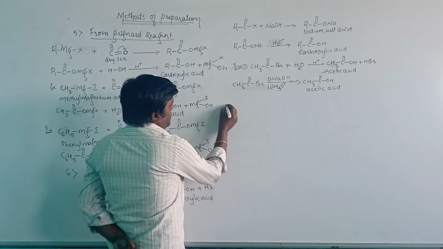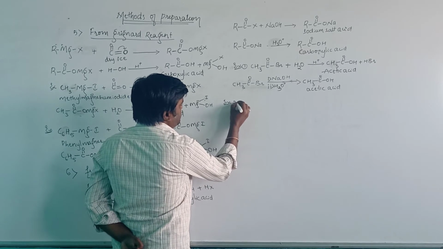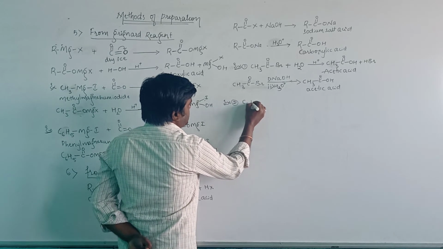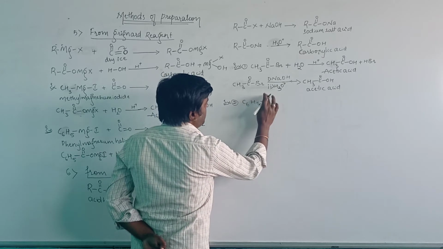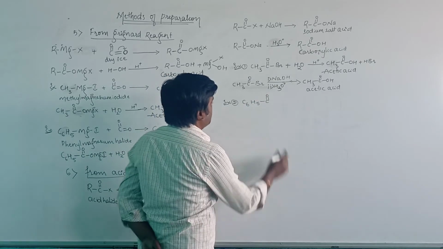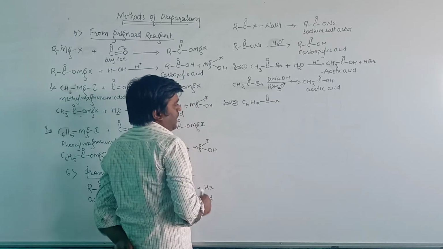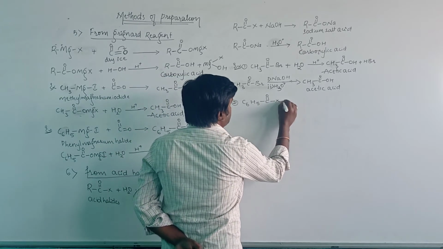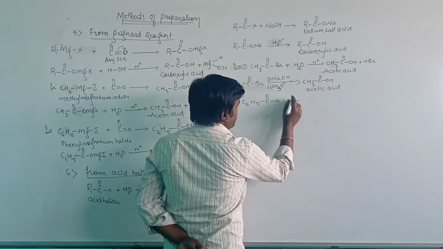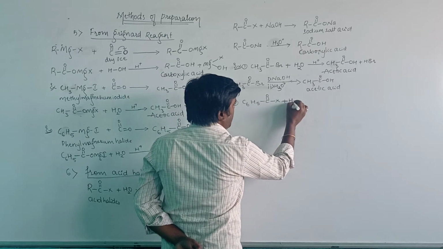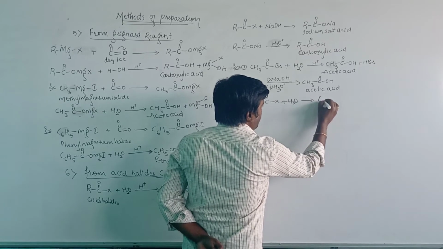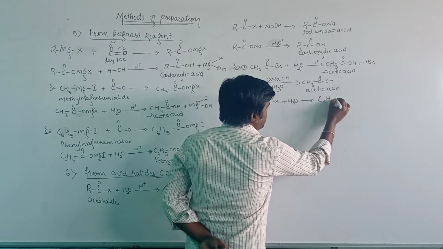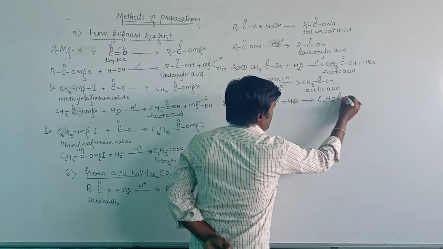Then the next one, that is example two. C6H5 C double bond O X, an acid halide, when reacted with water, first we are carrying out the hydrolysis, it will produce the compound benzoic acid, C6H5C double bond OH.